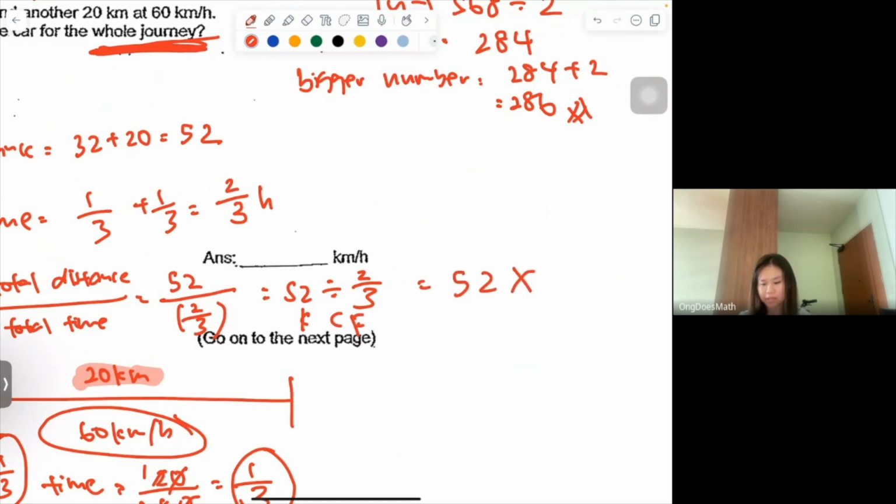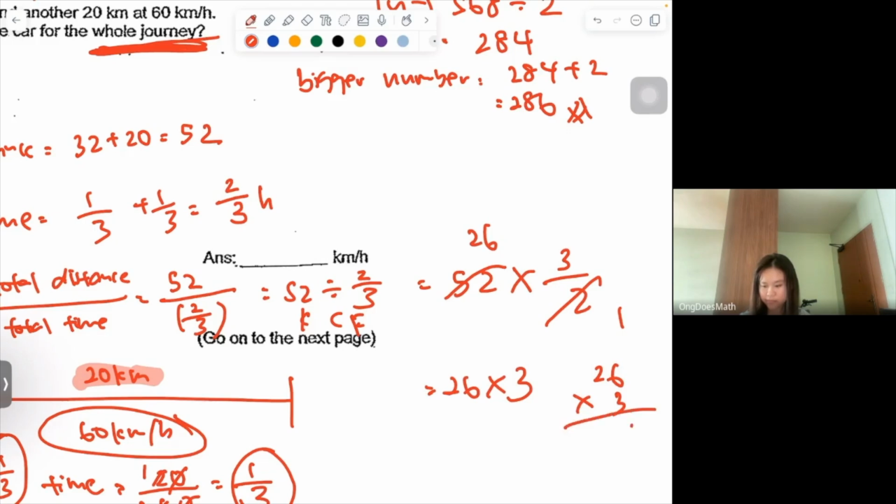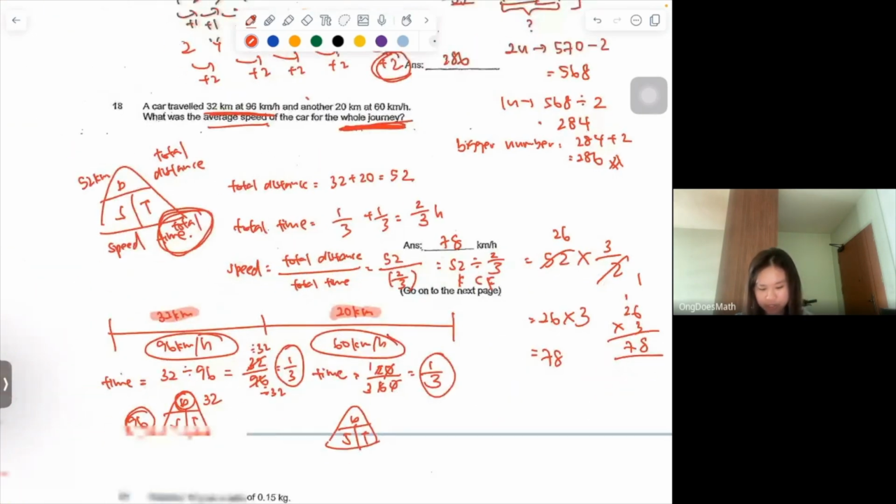Flip 2/3, so it becomes 3/2. To simplify things, both are divisible by 2. 52 divided by 2 gives you 26. 2 divided by 2 gives you 1. So now you have 26 times 3. This is paper 1, so you have to work it out yourself. So you get 78 km/h. I would say it's a rather long question and an overkill, but it's what differentiates students.